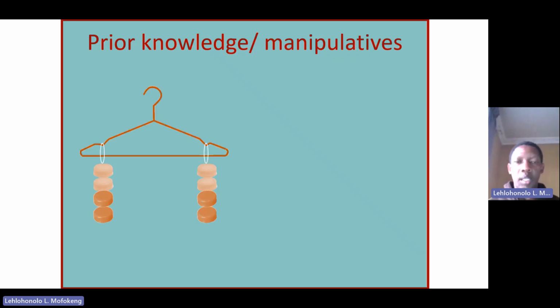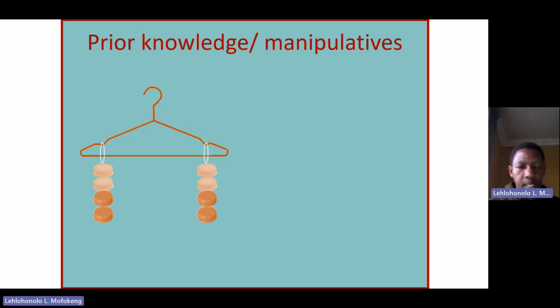Right. The prior knowledge. Let's get used to the manipulatives that we can use in order to show how the equations are working. As you can see there, this represents the balance. A balance has a left-hand side as well as a right-hand side, and as you can see now, this balance is balanced.